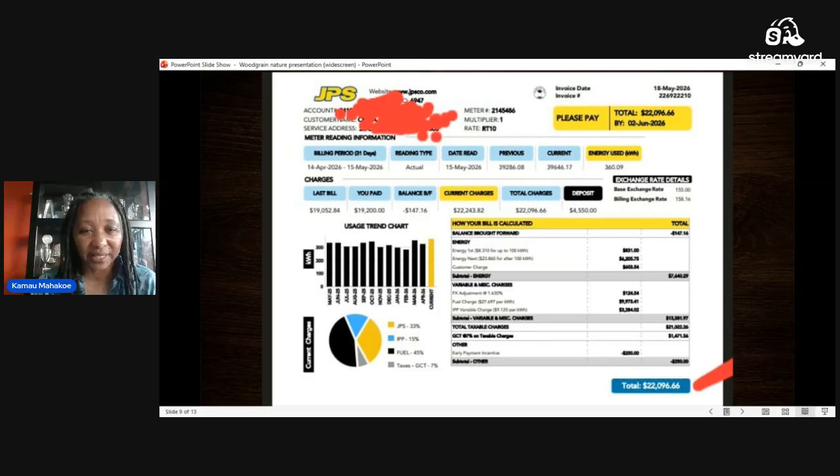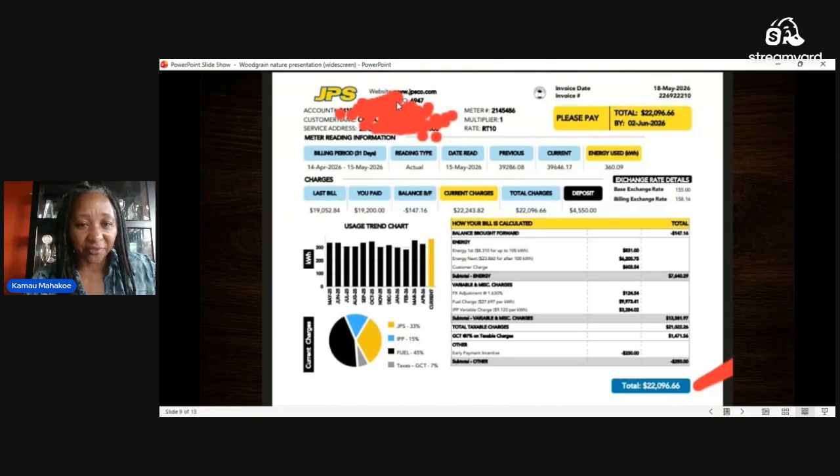Of course, I've blotted out the information here because you don't need to see this person's information. Your information is going to be here at the top where it says account number, your customer name, and your service address. So those are the three things that go to the top.